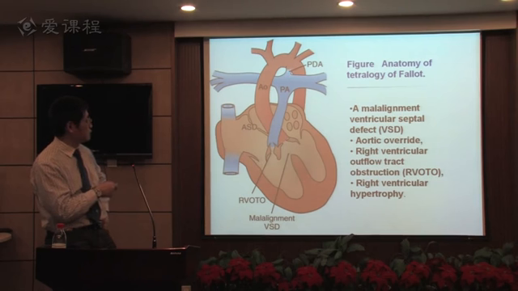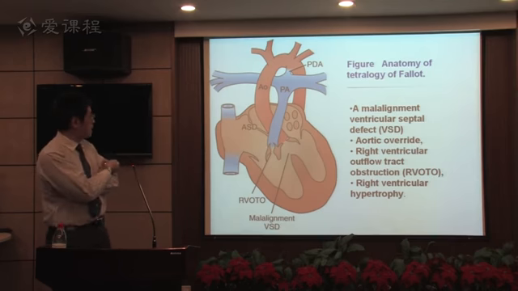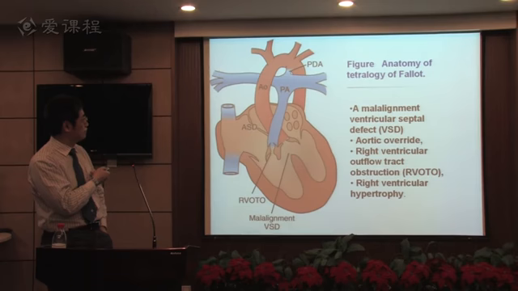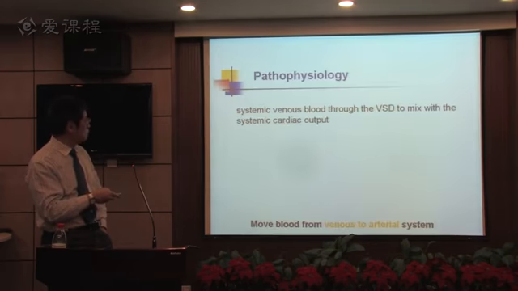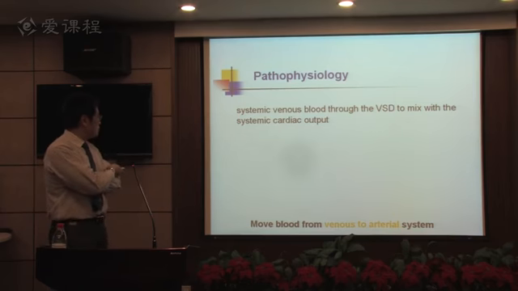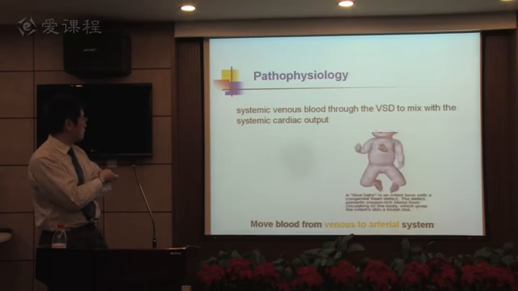The question is, is PDA helpful for these patients or not? Actually, it helps the patient to make more blood flow into the pulmonary artery, so it is good for the patient. Pathophysiology: systemic venous blood goes through the VSD to mix with the systemic cardiac output.